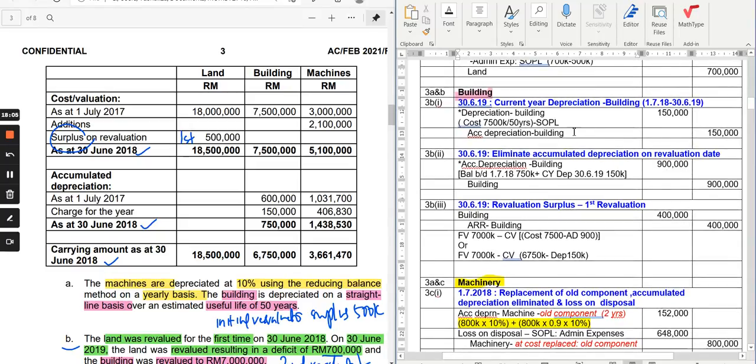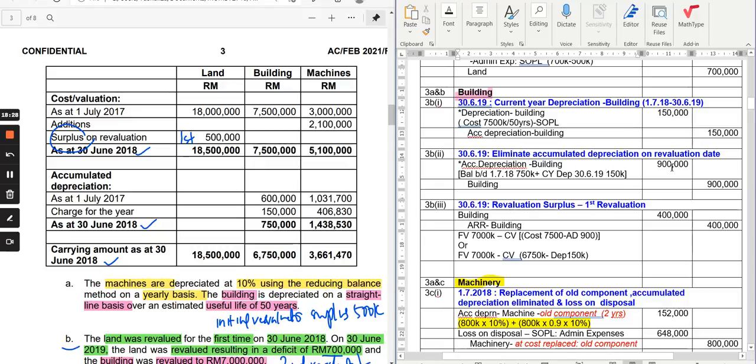That will be eliminated. So how do you eliminate? You go and debit accumulated depreciation building, based on the cost that you have here, or the valuation figure. Actually 7.5 million is the valuation figure. So therefore you will see that the amount would be 900,000.